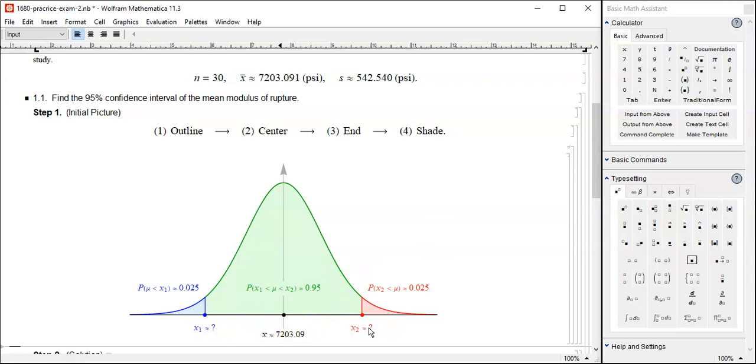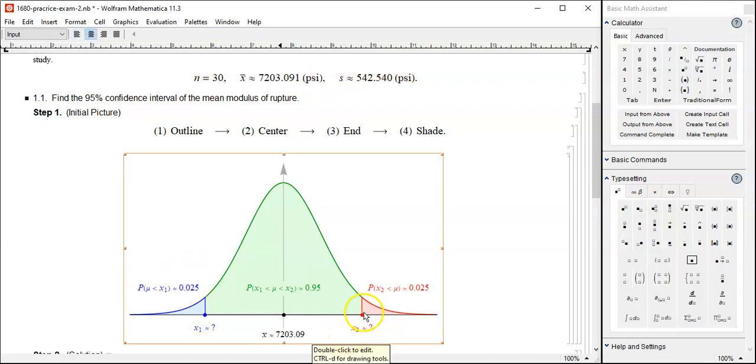This is the order: outline, center, ends, and shade. The outline goes up and down, symmetric and unimodal. The center is the observed mean, and then we have two endpoints, symmetrically here and there, x1 and x2, and that's what we are looking for.